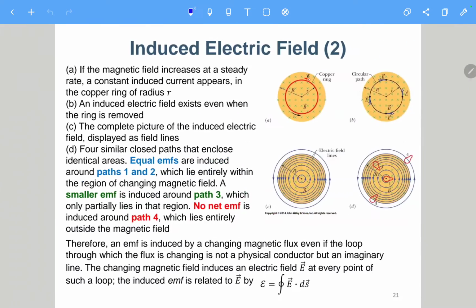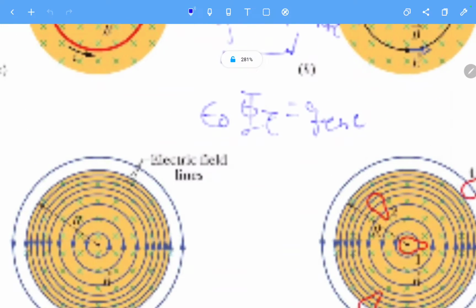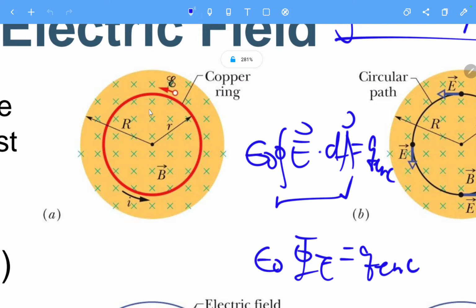Okay, so here we try to explain Faraday's law. Here we have a copper ring. This is the copper ring, or copper plate or copper wire.